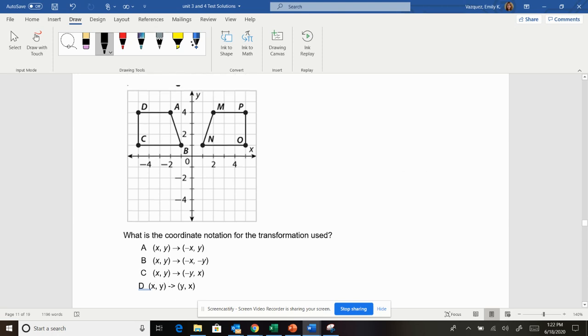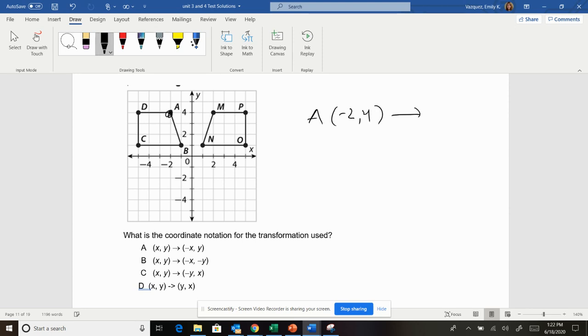Okay, for the next question, you're asked, what is the coordinate notation for the transformation used? For this particular question, you just go ahead and pick two points. It really doesn't matter which ones you pick. I'm going to pick A, for example, and find the point of A. A happens to be -2, and my y value is 4.